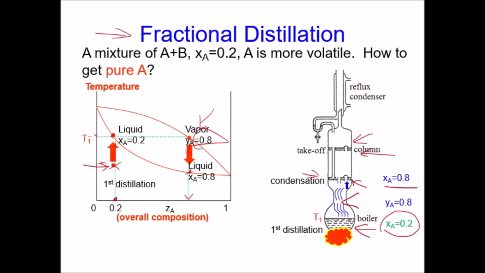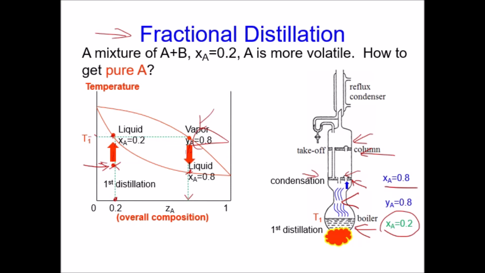Now, on the column, there's a temperature gradient such that the liquid on the plates also vaporizes, also boils, and therefore there is a vapor phase above it that is in equilibrium with this liquid.